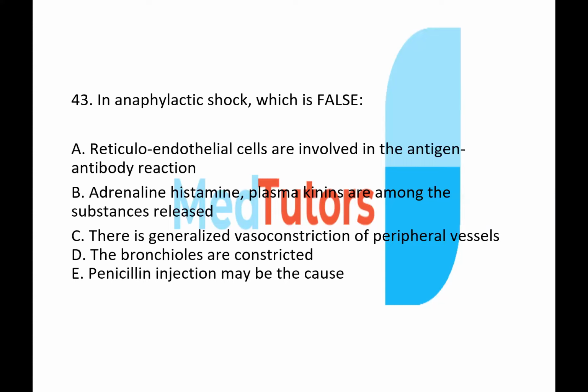The bronchioles are constricted. Penicillin injection may be the cause. So what is our answer? Correct, because we said there is peripheral vasodilatation. So C is false.